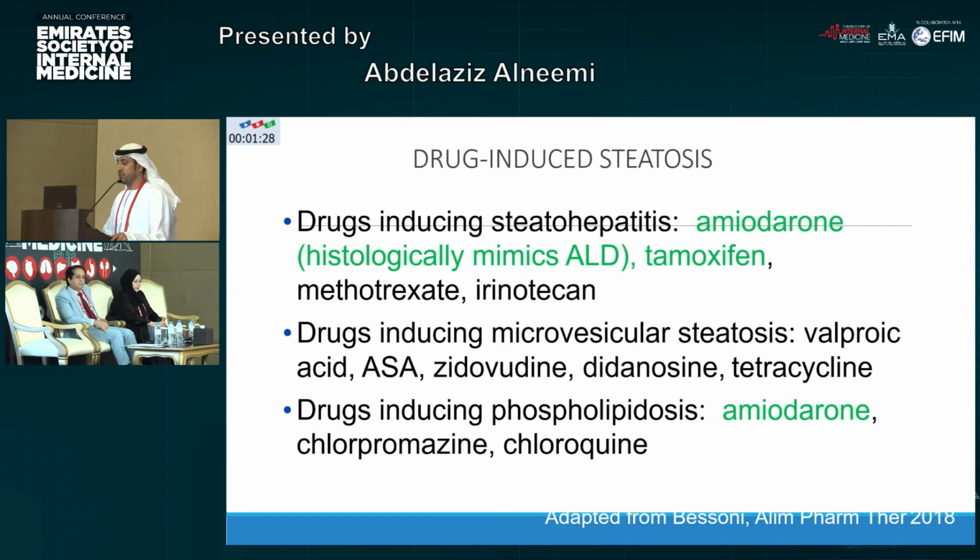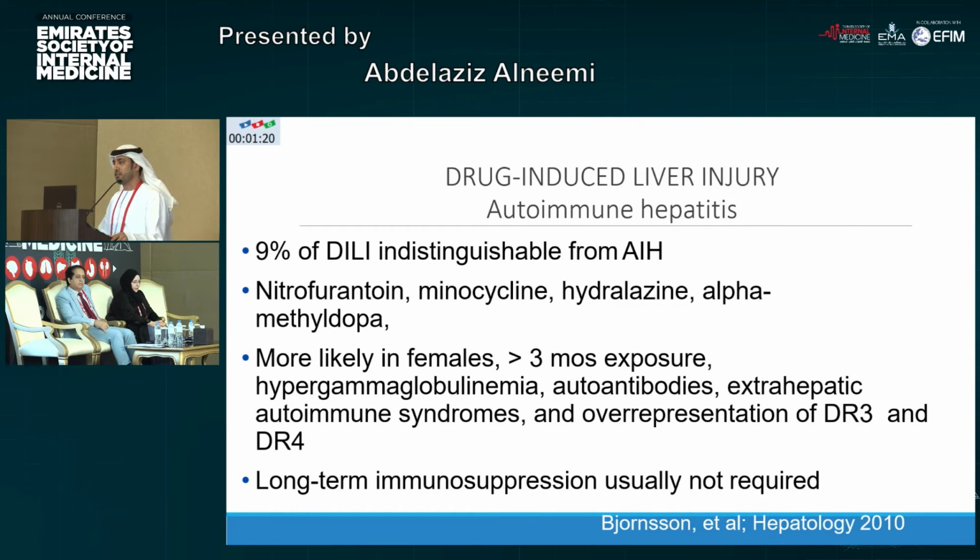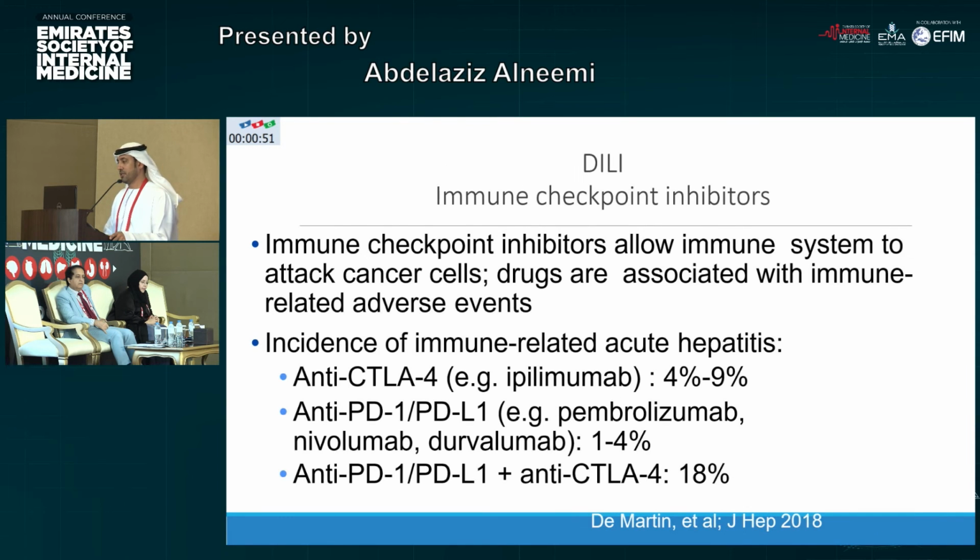There are also drugs which induce phospholipidosis, like amiodarone and chlorpromazine. There are also drugs that can cause autoimmune hepatitis. 90% of these DILI cases were indistinguishable from autoimmune hepatitis, like nitrofurantoin, minocycline, and alpha-methyldopa. Most likely in females who are exposed for more than 3 months. Long-term immunosuppression is usually not required in these patients.